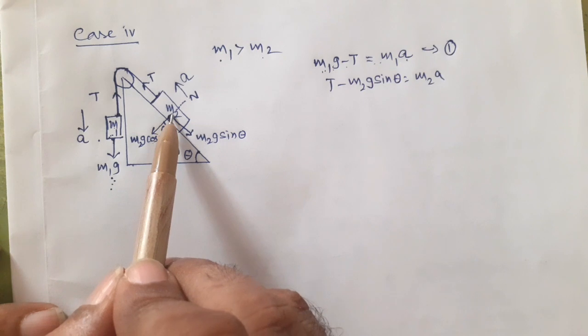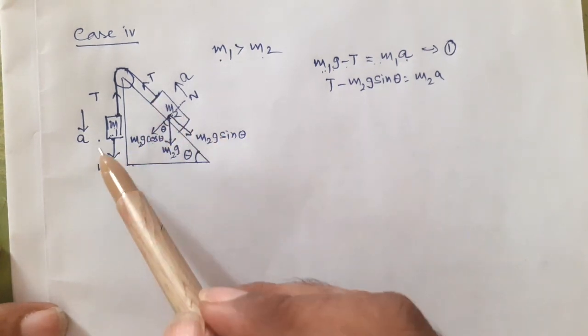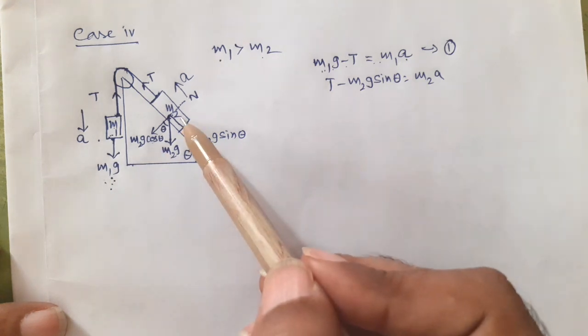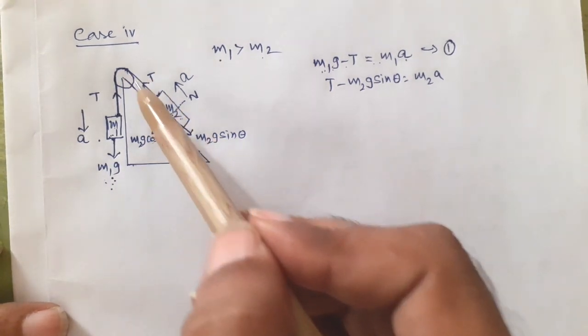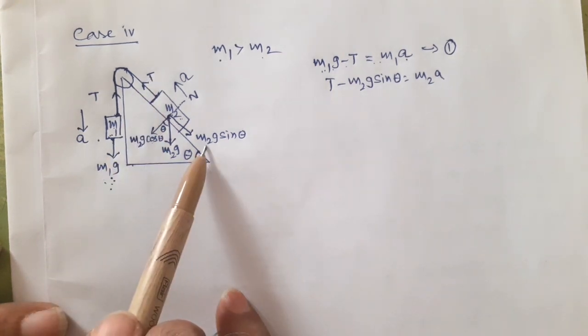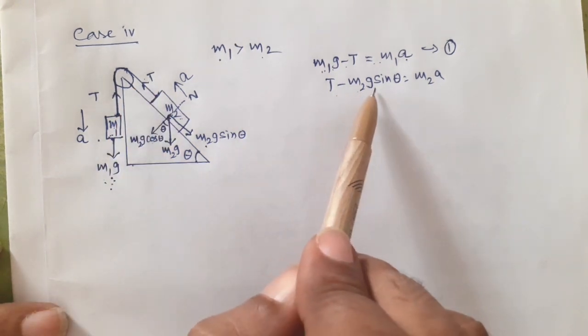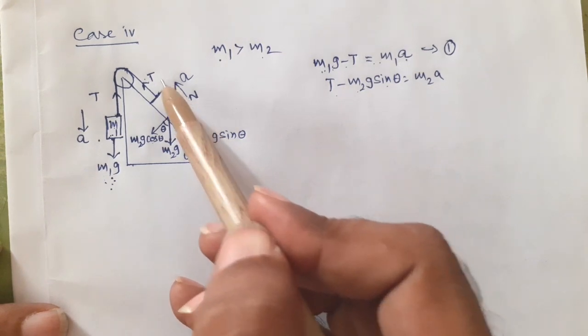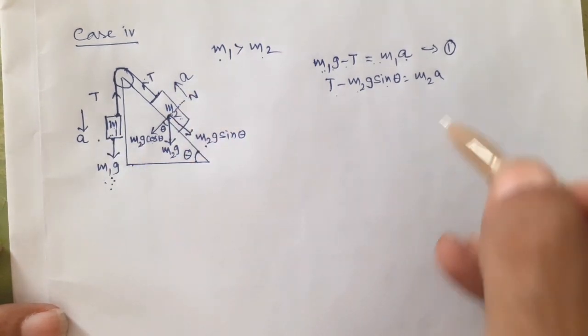Now, for the second body, if the first body moves in the downward direction, m2 moves in the upward direction. Therefore, T is greater than this component of the weight. Therefore, T minus m2g sin theta is equal to m2a. The body moves in the upward direction.